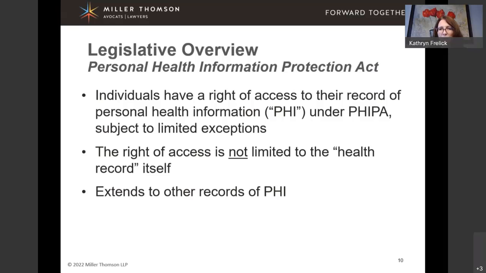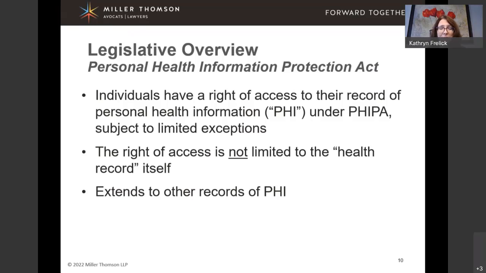And I think this is really important because, traditionally, and based on earlier case law, like the McInerney and McDonald case, when we looked at the health record and what the individual had a right of access to, it was the record that the health organization had, as well as any records that they might have received from other custodians, which formed the legal health record, in which individuals did have a right of access.